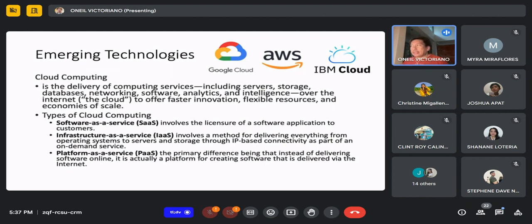So it's basically having that technology in the cloud. And we have three types of cloud systems: SaaS, IaaS, and PaaS. And these three main types of cloud computing would have different services and different infrastructures.